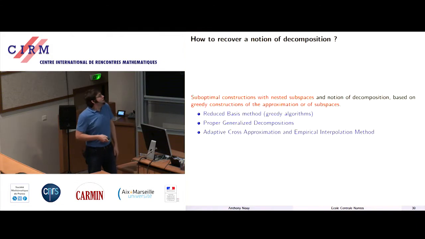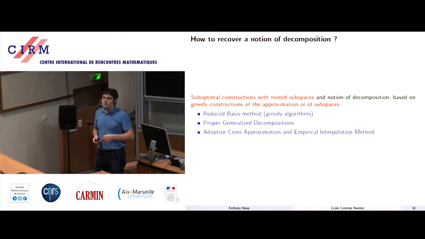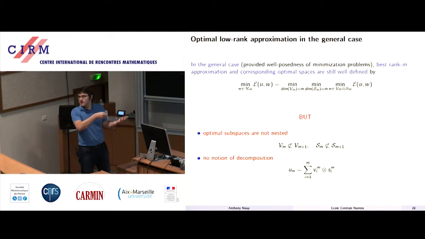Okay. So now, I mentioned that this optimal rank M approximation is related to optimal model reduction with subspaces which are not nested. So you have no constructive algorithms that arise in this general situation.